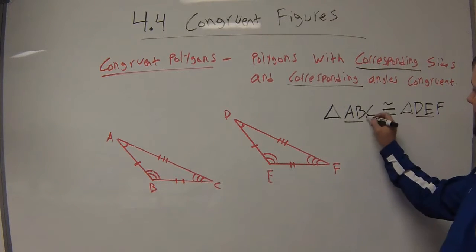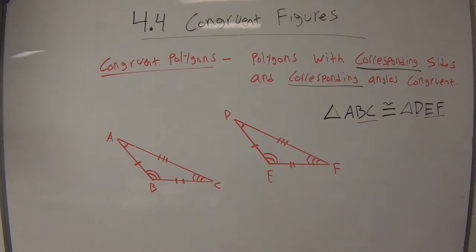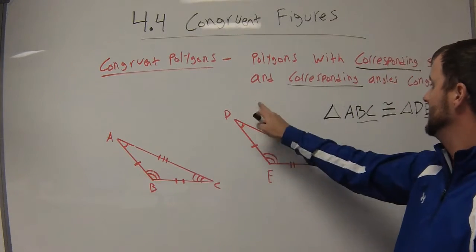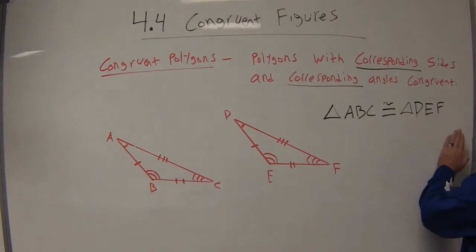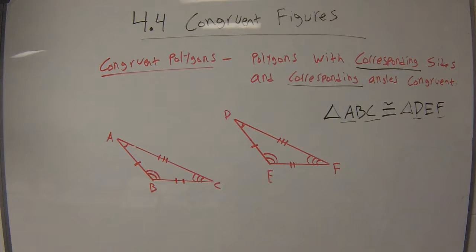I want you to look: BC and EF are listed in a row, they're listed correctly. And lastly, AC has three notches and DF has three notches. Look: AC and DF are listed in the same spot.